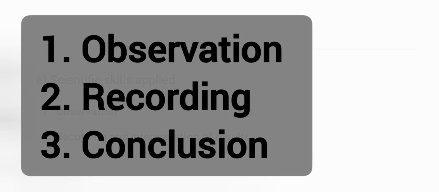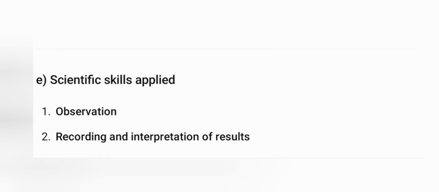So the scientific skills applied in this practical are observation, recording and interpretation of results, and conclusion. We have to conclude why we have seen the observation. Why was the observation made? What was the reason for the color of the iodine solution changing from brown or yellow to blue-black? Why?